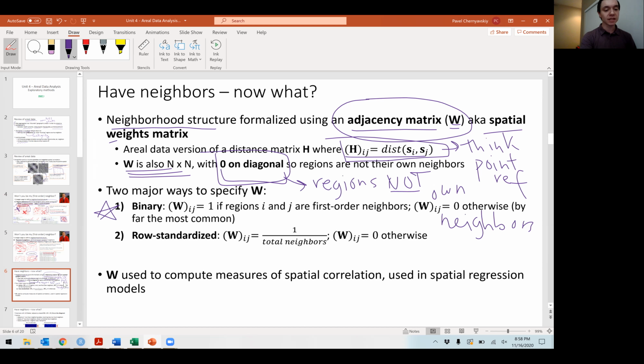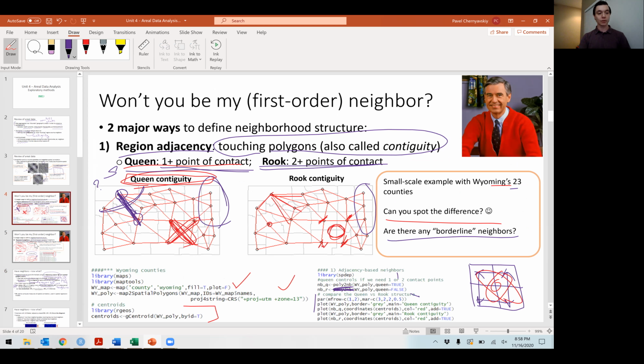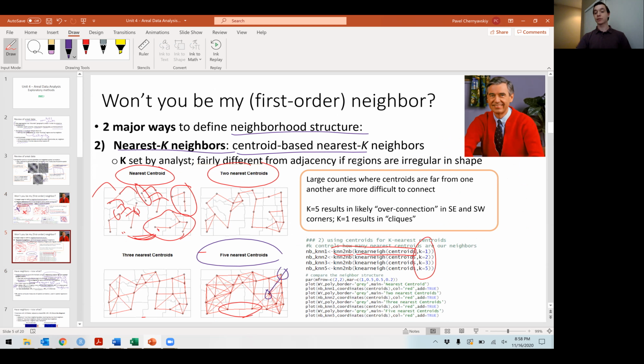By far, the most common is this binary one, where the ijth element of your adjacency matrix is 1 if regions i and j are first order neighbors. Just to beat the dead horse a little bit more, what you're calling first order neighbors can be either according to the queen-rook contiguity, or according to your nearest centroid contiguity, or whatever other fancy way you choose to specify your neighborhoods.